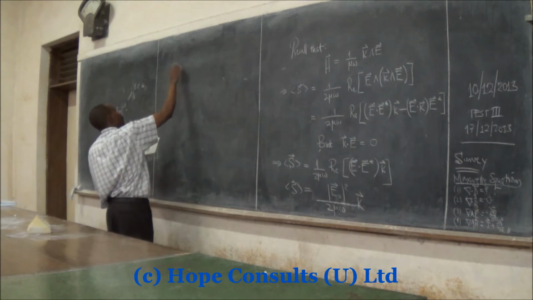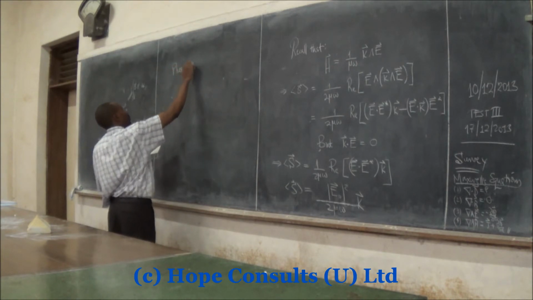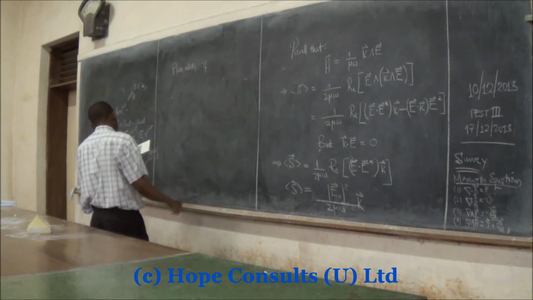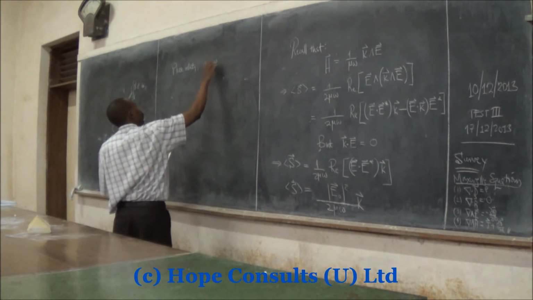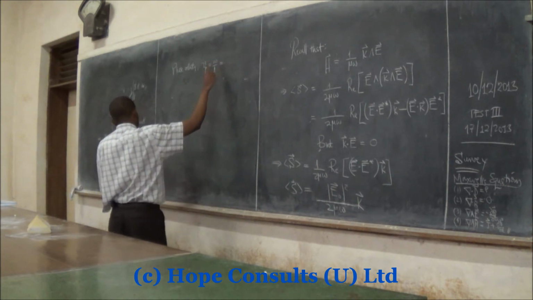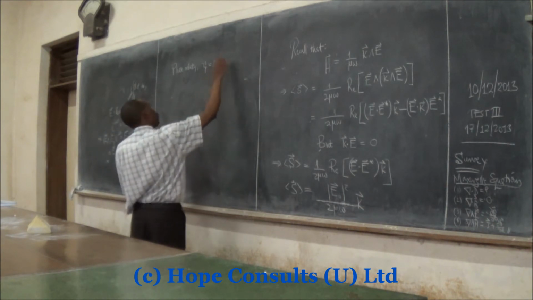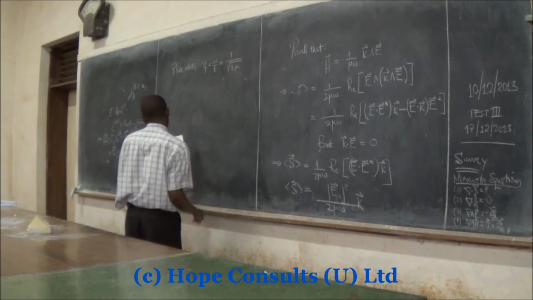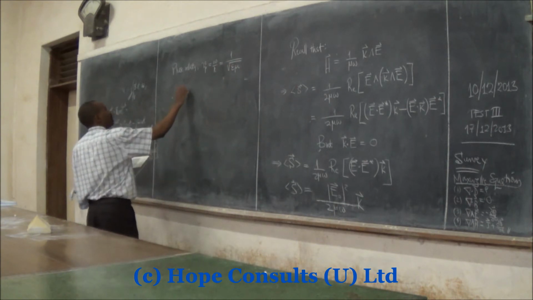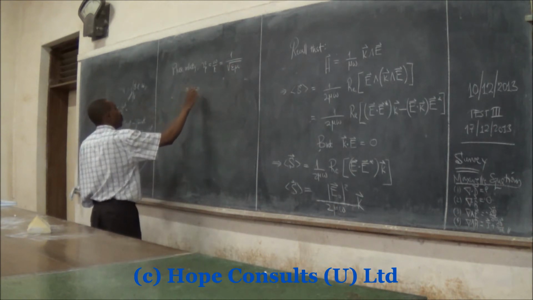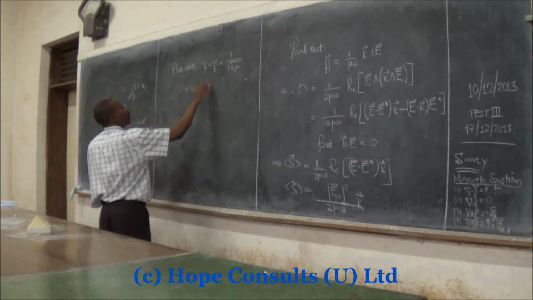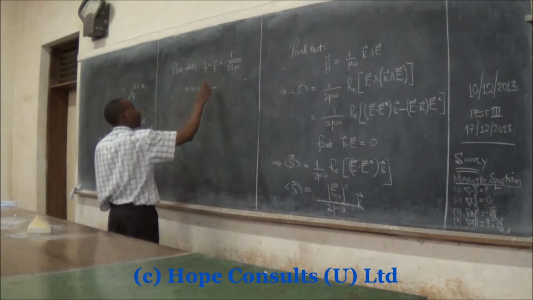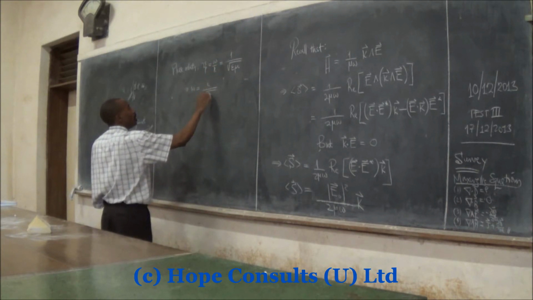So the phase velocity Vp is equal to omega over k, which is the same as 1 over root epsilon mu, implying that our omega will be equal to k over root epsilon mu.